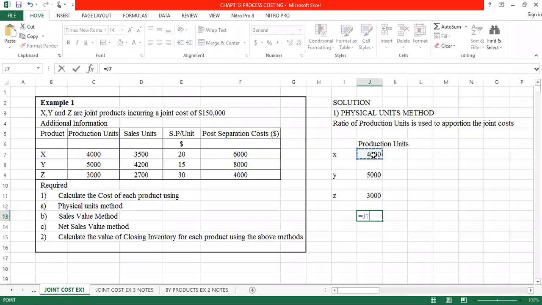The total is 4,000 plus 5,000 plus 3,000. The total is 12,000. So that is production units.